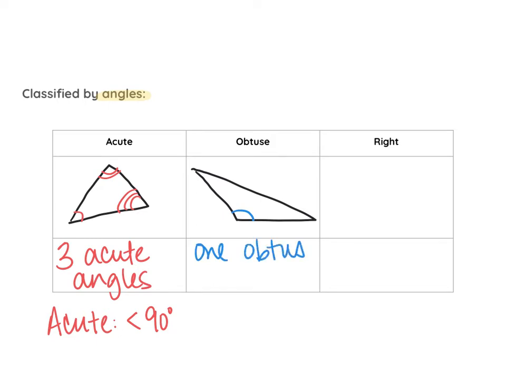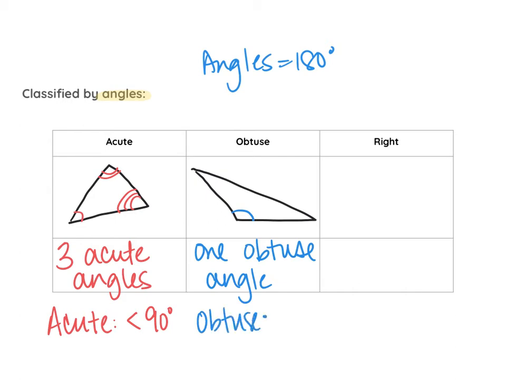Why do we only have one obtuse angle, whereas before we had three acute angles? Well, the angles in a triangle have to equal 180 degrees, right? So if I have one obtuse angle which is more than 90, right, because that's what obtuse means, it's greater than 90 degrees.